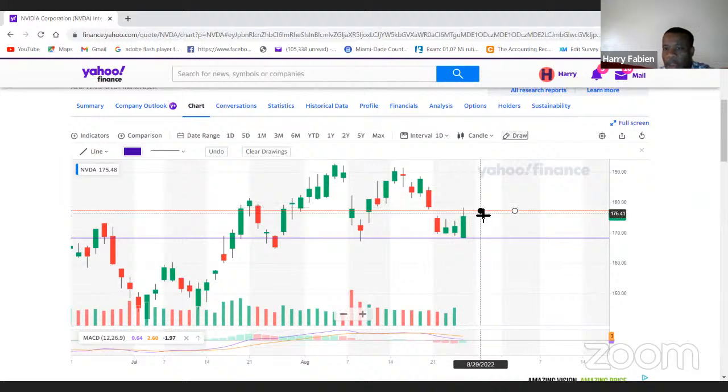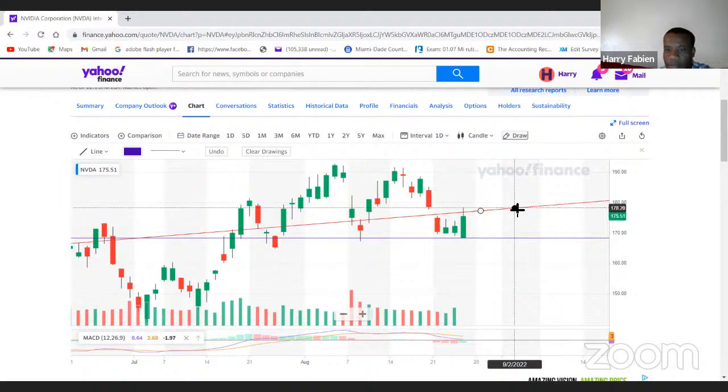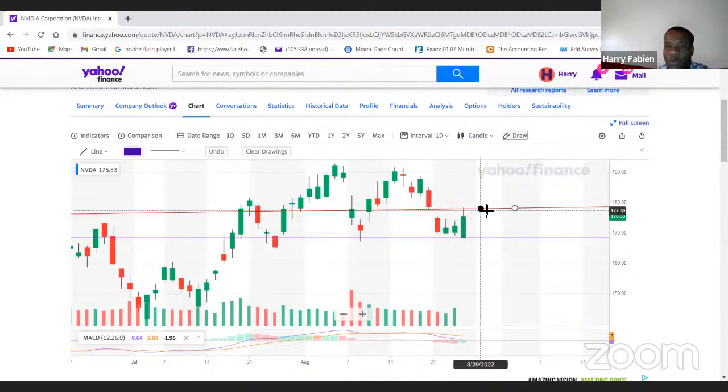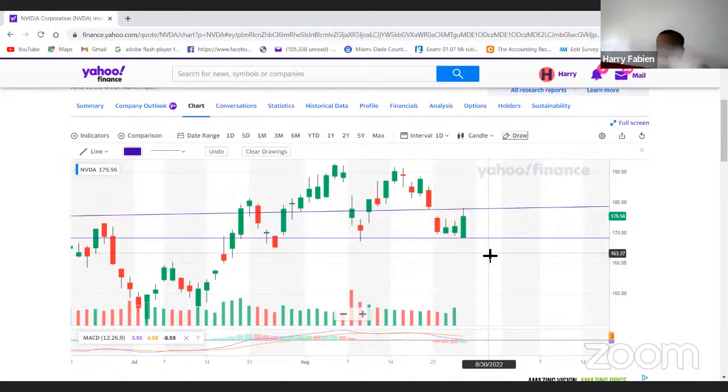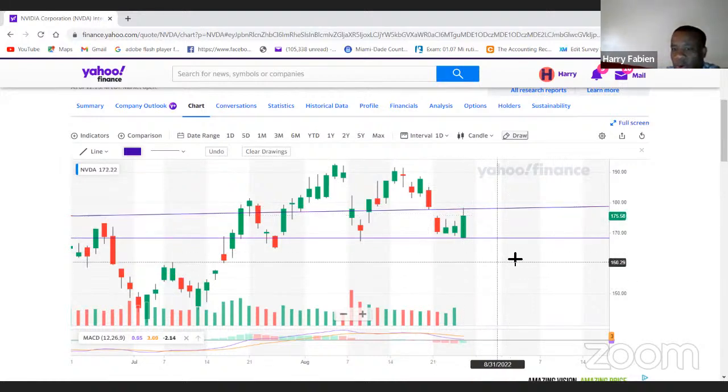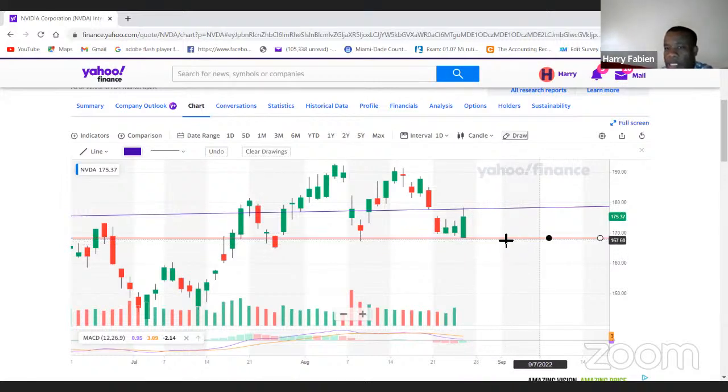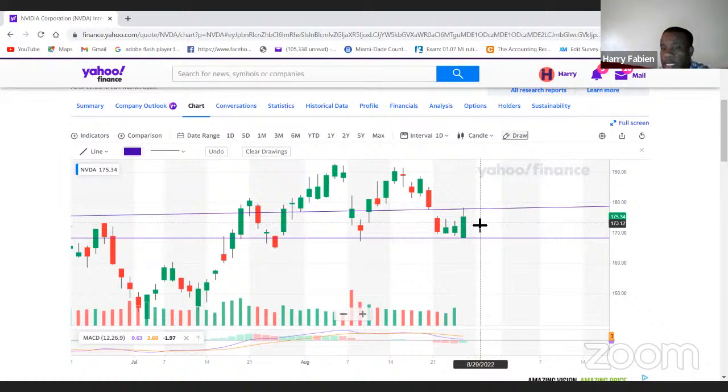So the highest that you can go is 178. It's going to go to 178 today. Now it's 170, and the lowest it can go is 168. We call that bottom here a support. So today, the price can go from up to 178 down to 168.